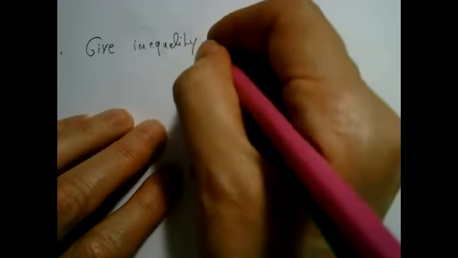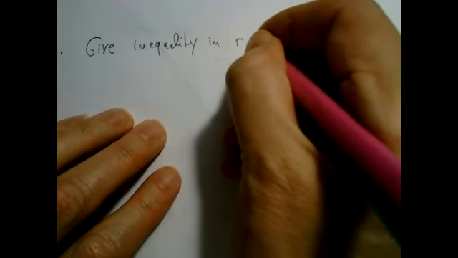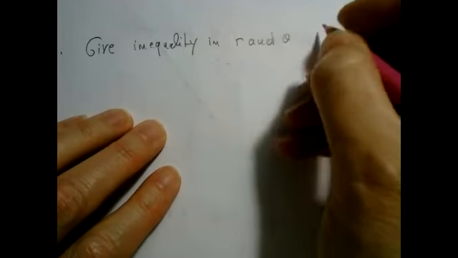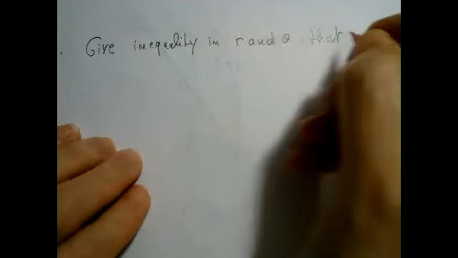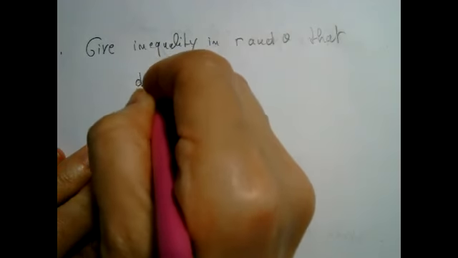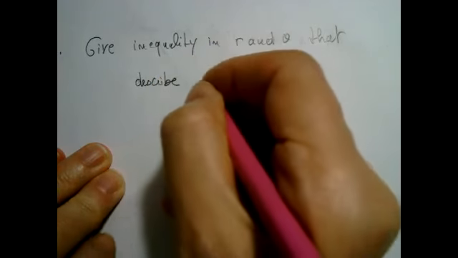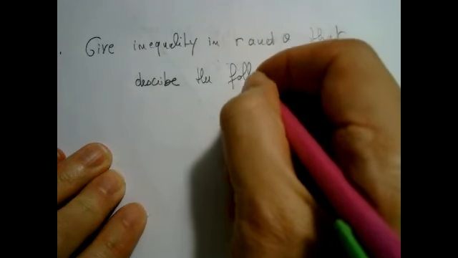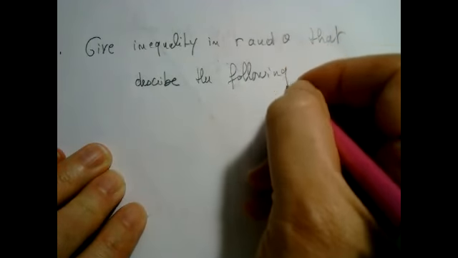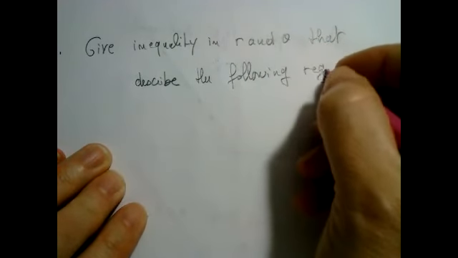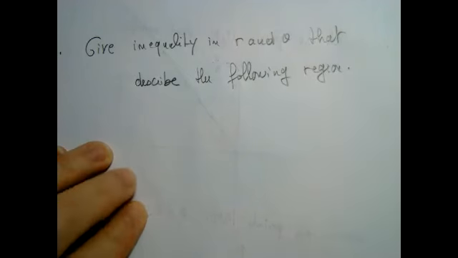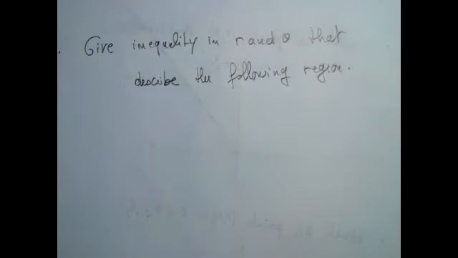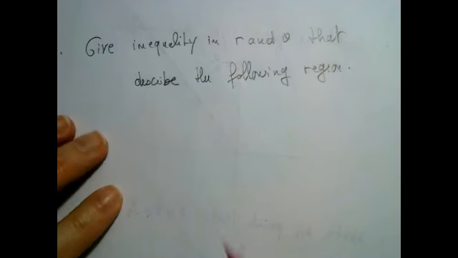Give an inequality in R and theta that describes the following region. I'm going to draw a region, and you have to give me an inequality based on the problem that I did a minute ago.